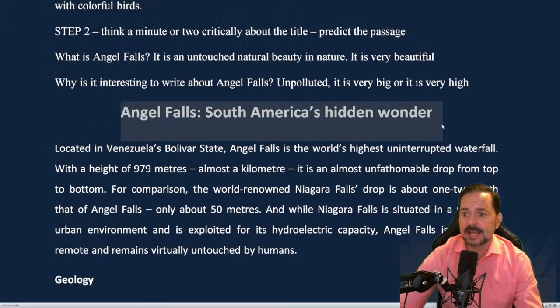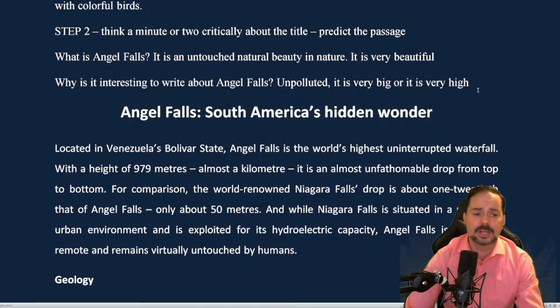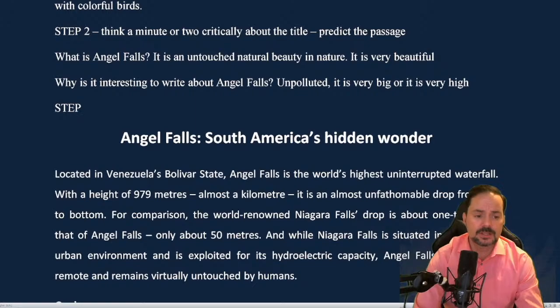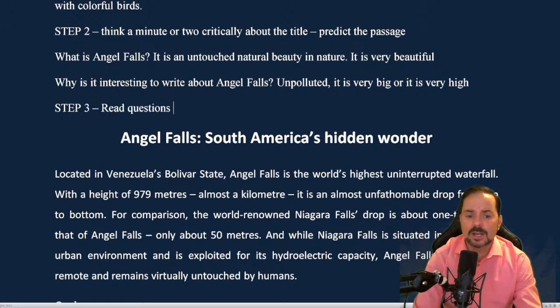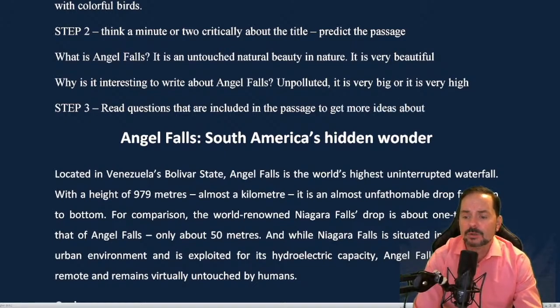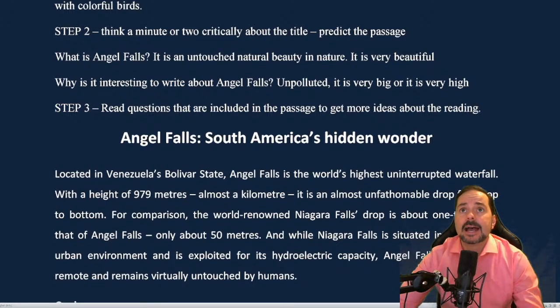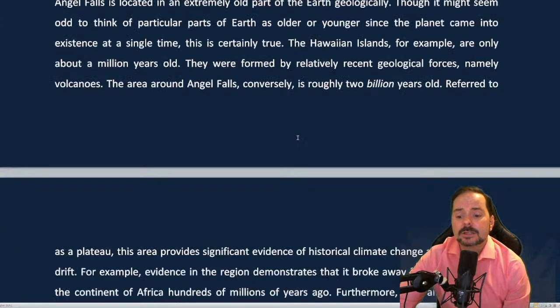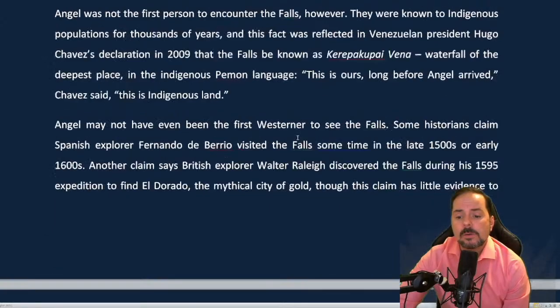And then the next step, step 3, is to read the questions to get more ideas. So read questions that are included in the passage to get more ideas about the reading. Okay, so let's do that. Let's look at the questions.